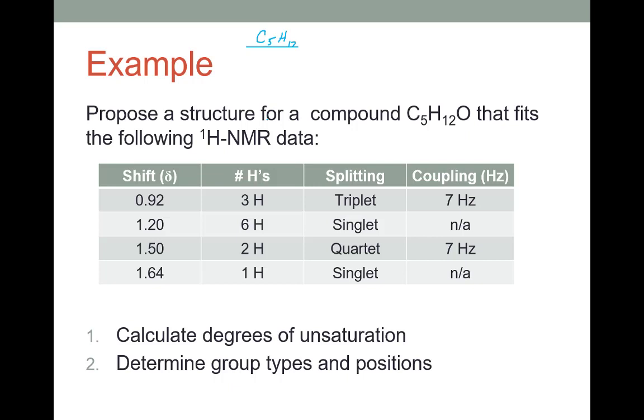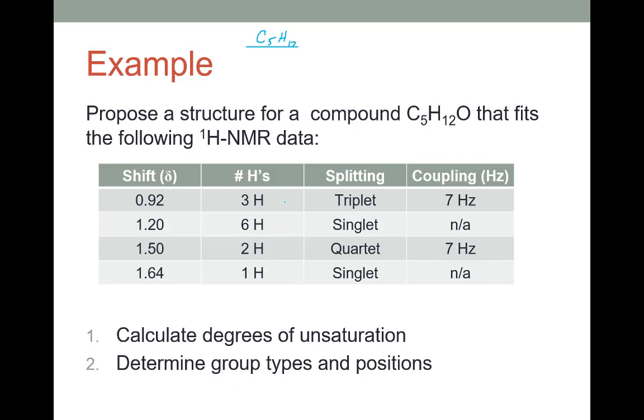Oxygens don't count in unsaturation. You can look up the unsaturation rules again if you need to back in the alkenes chapter. But we see C5H12, so we have no unsaturations. So no double bonds, no rings, no carbonyl groups, that kind of thing. And we see 12 hydrogens in the formula. If we look at our total here, we have 3 and 6, and 3 more is a total of 12. So everything is being shown to us.